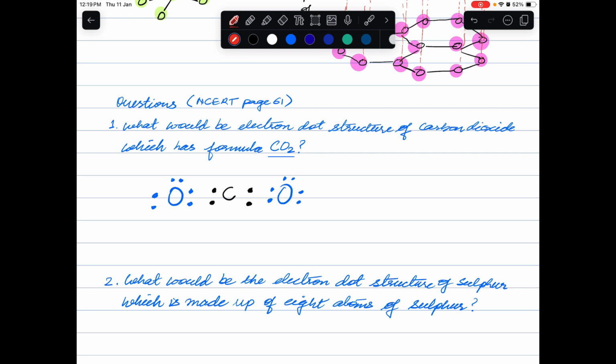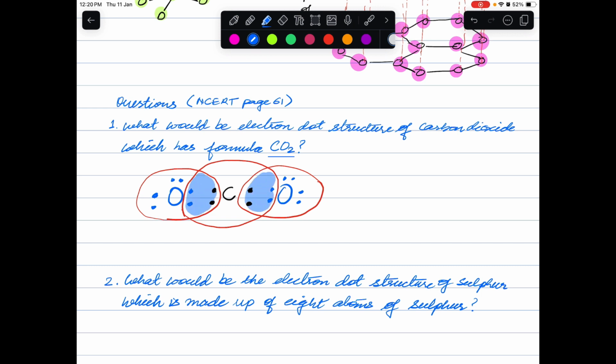Now oxygen will share 2 electrons of the carbon, and in doing so it will get the octet condition, same with the other one, while the carbon in the center will share 2 electrons with the first oxygen and 2 electrons with the second oxygen. So 2 plus 2, it will be sharing 4 electrons with the 2 oxygen atoms. In the shared area, 2 electron pairs are shared here, and 2 electron pairs are shared here also.